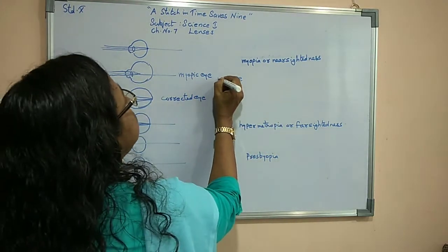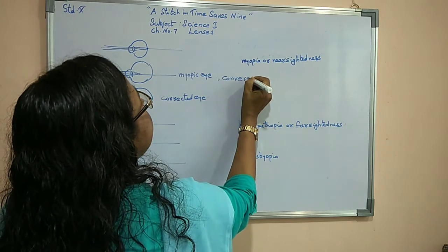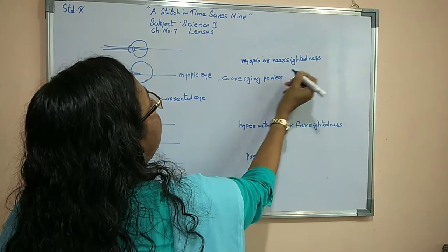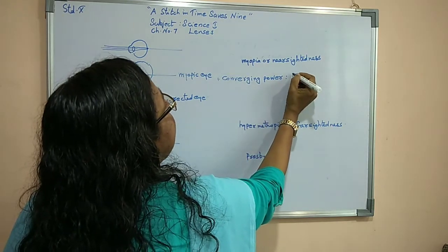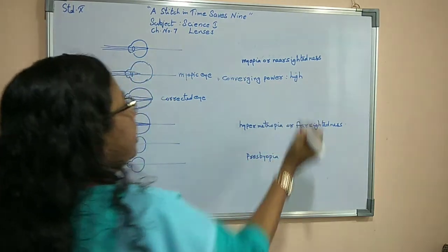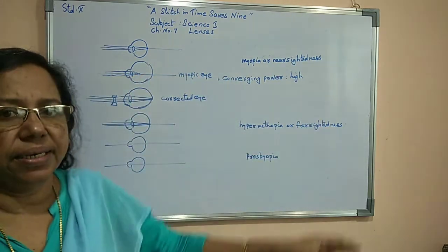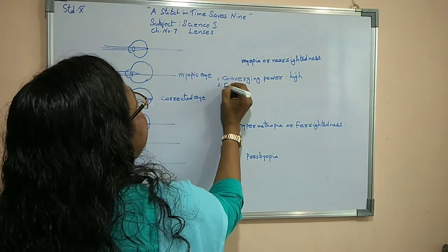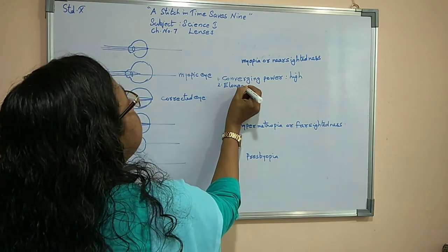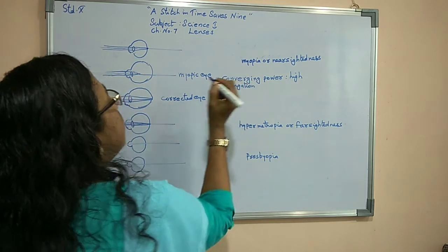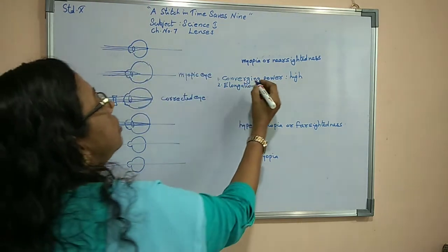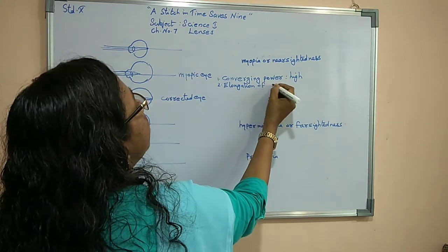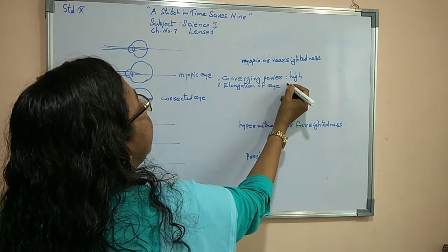First reason, the converging power of the eye lens is very high. Second reason is elongation of the eyeball. That means the length of the eyeball becomes more.